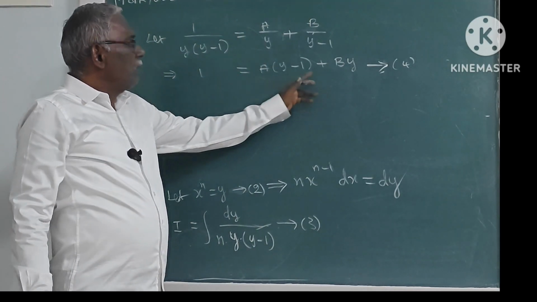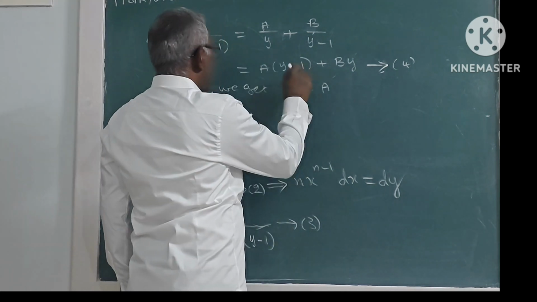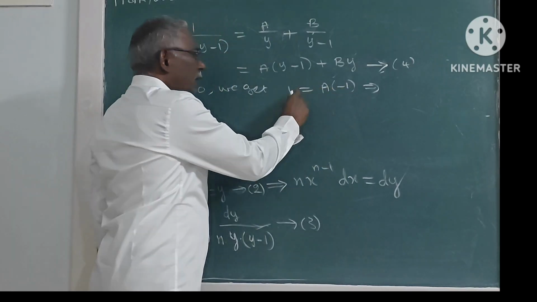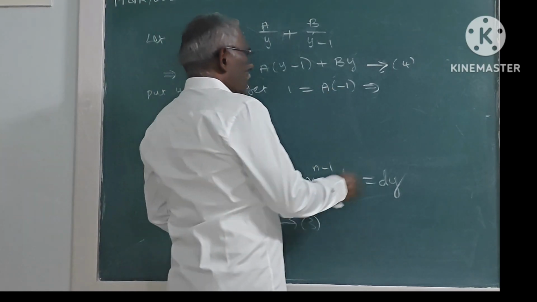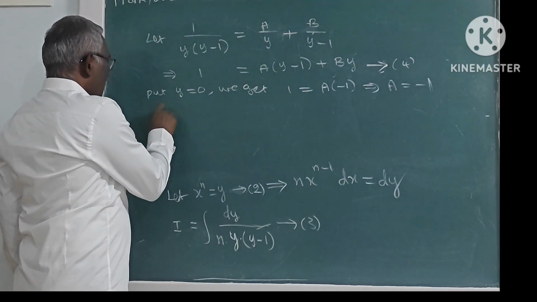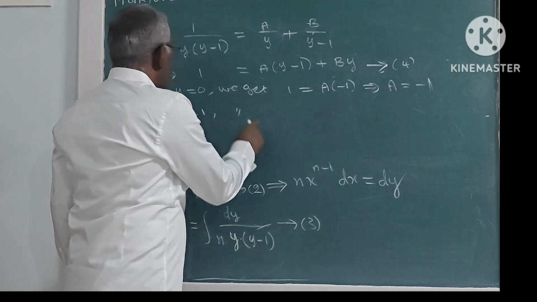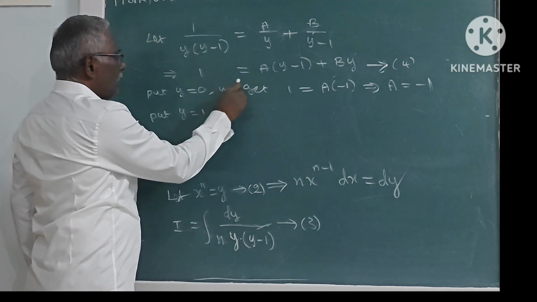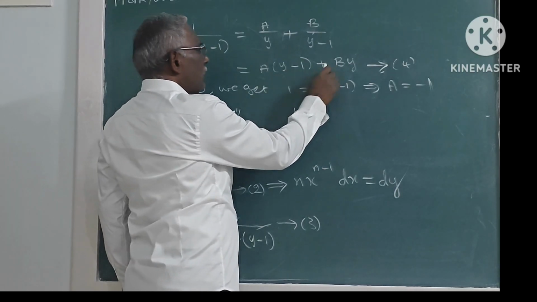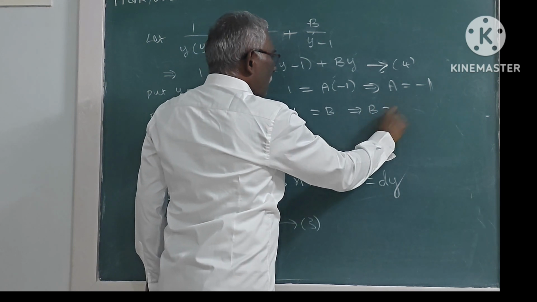To get the values of a and b, first put y is 0. Y is 0, so minus a is 1, so a is minus 1. Put y is equal to 1, we get 1 is equal to, if we put y is 1, this becomes 0, b into 1. So this gives b is equal to 1.